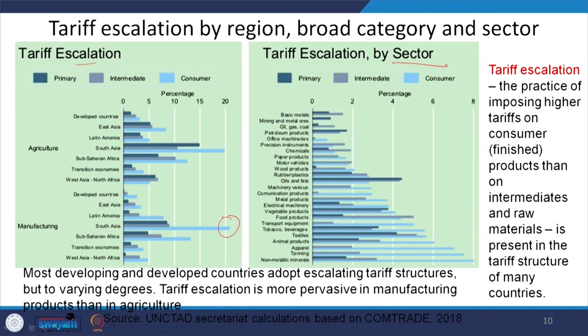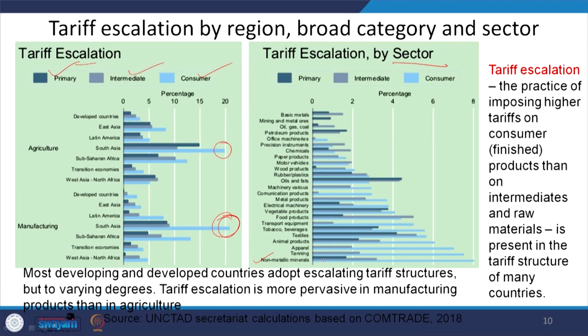Therefore, in South Asia, look at this, it is very pervasive. Look at the primary, intermediary and finished or consumer goods segment, where the consumer is finally involved. This is increasingly very high. Similarly, for agriculture also this is much higher. Largely, it has been found that developing countries have higher forms of tariff escalation.